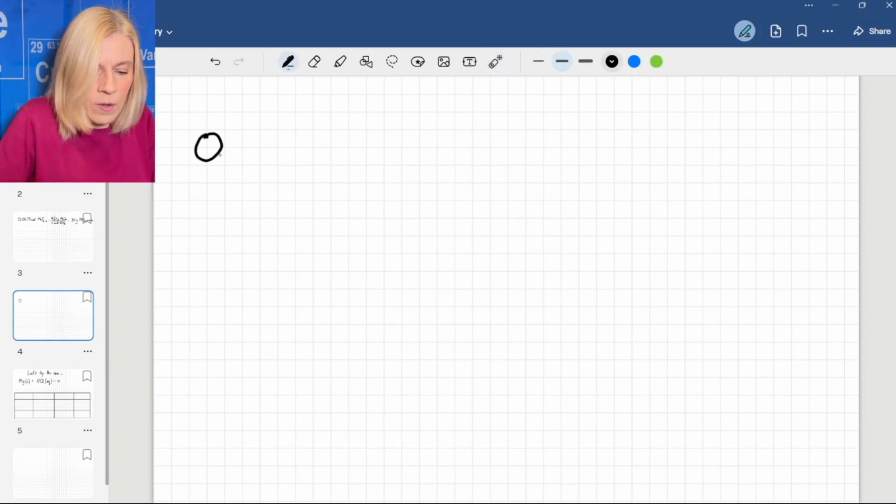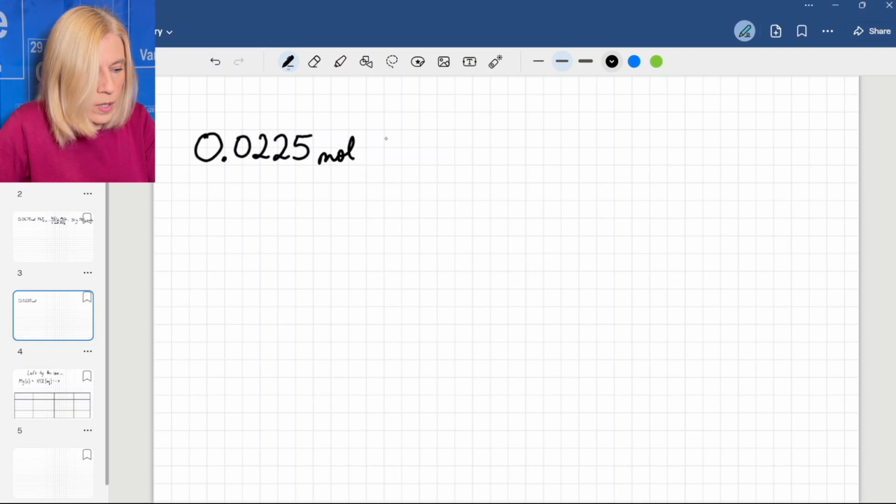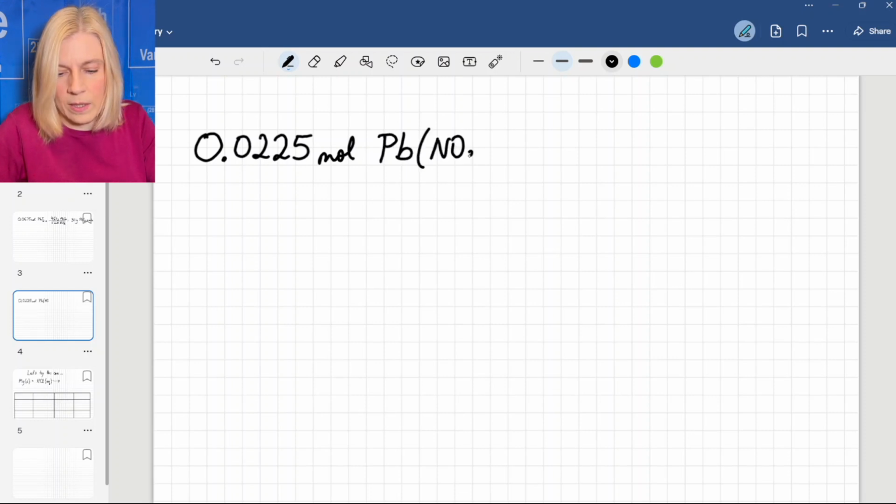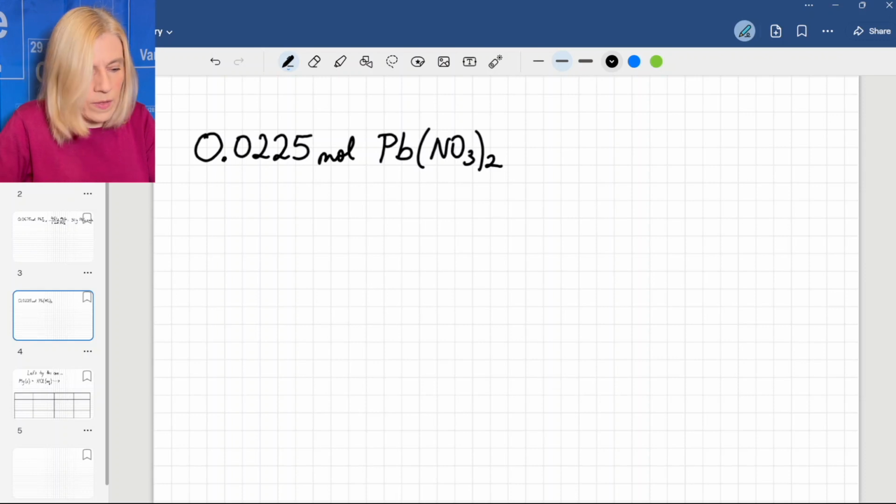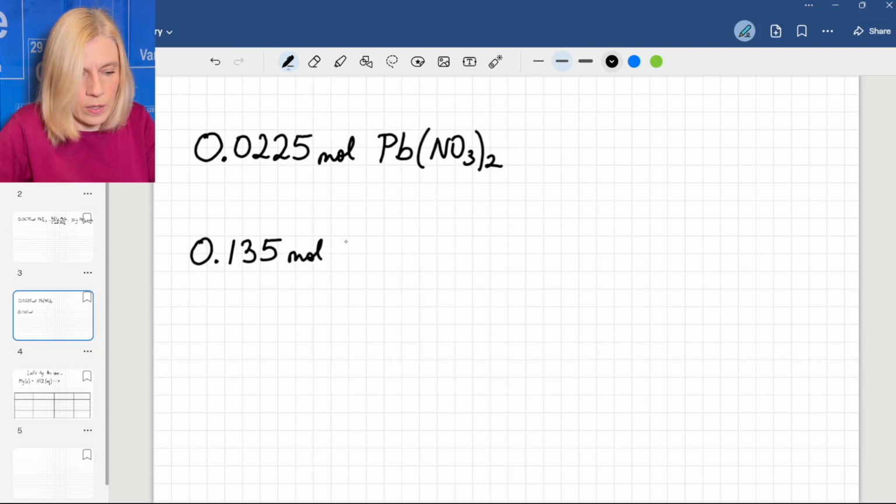I have 0.0225 moles of lead II nitrate, and then I have 0.135 moles of potassium nitrate.